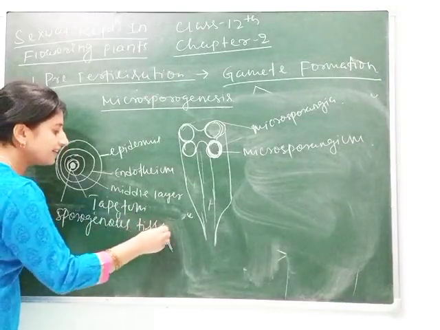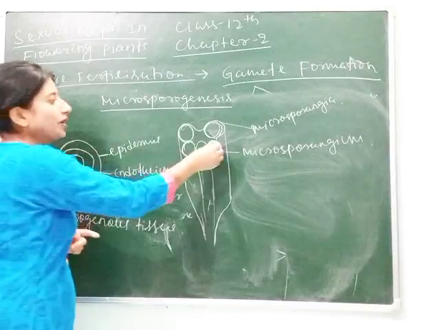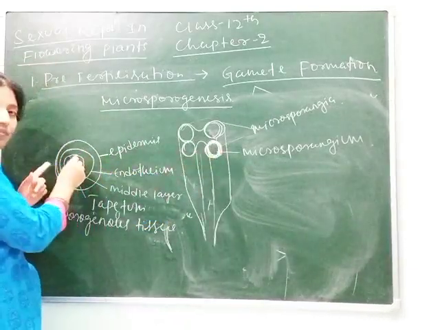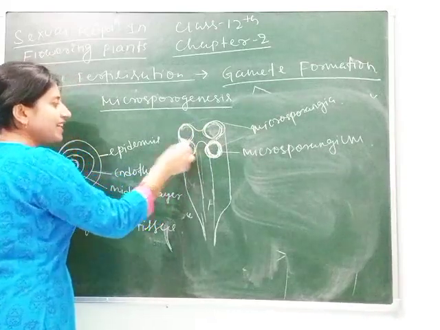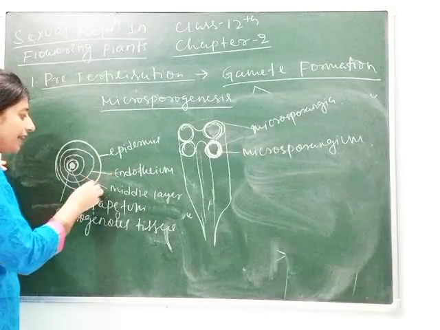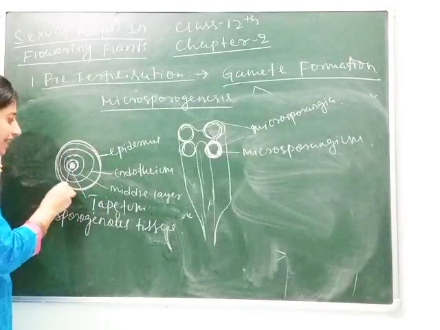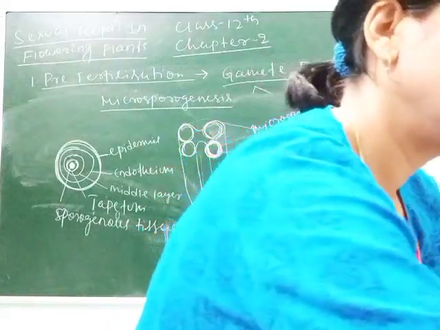So let's understand in detail. I have drawn a single microsporangium, represented here. All these four microsporangia have the same structure. The outer layer is called the epidermis. Let's understand.